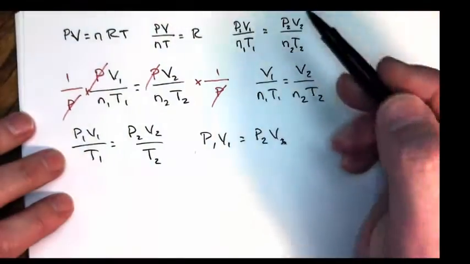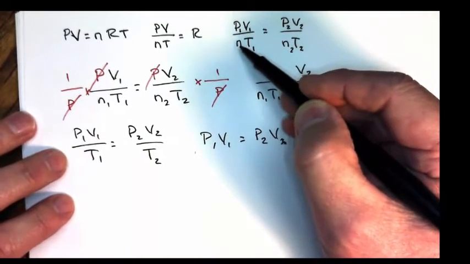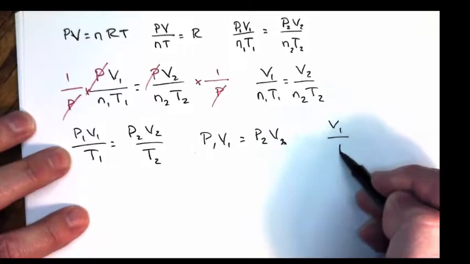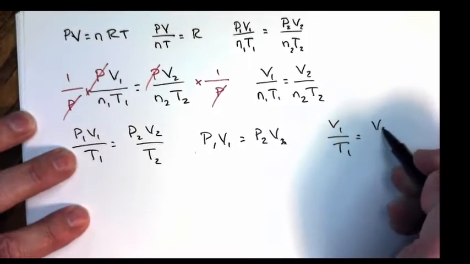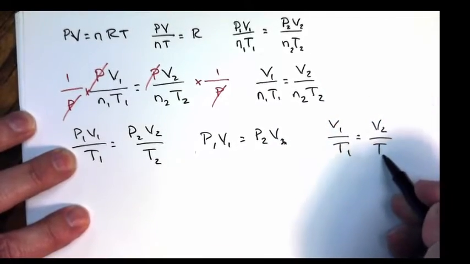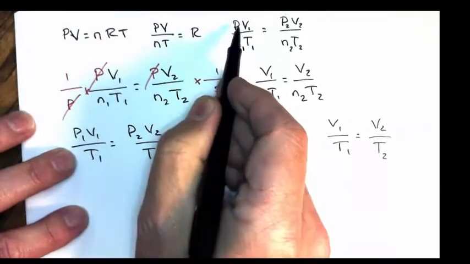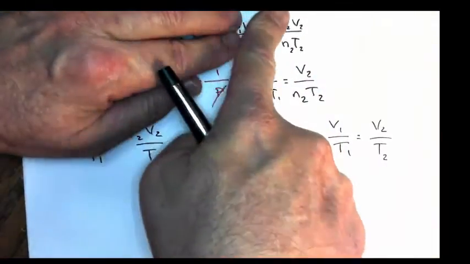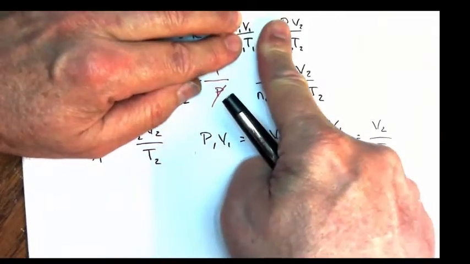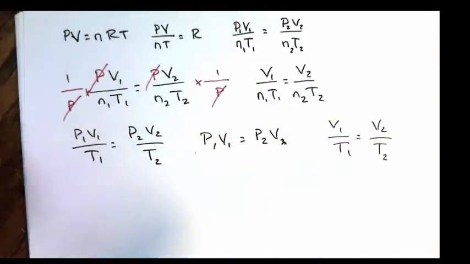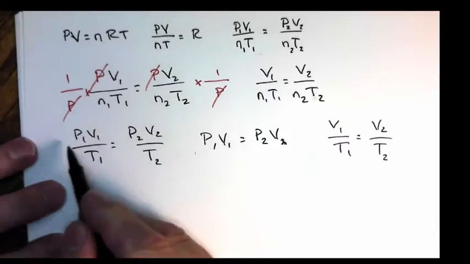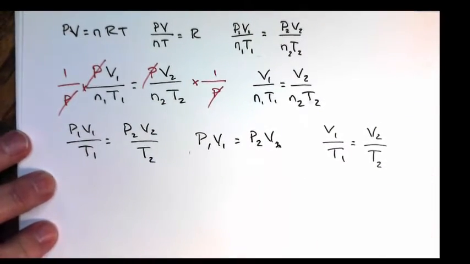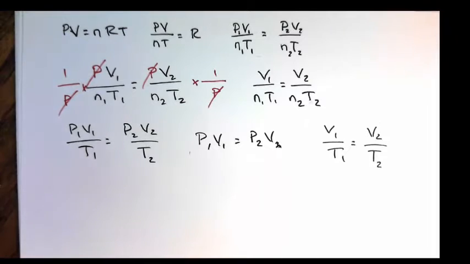All right, let's say that the pressure and the number of moles don't change. Well, then you've got Charles' law. Because pressure and moles didn't change, we're just left with V1 over T1 equals V2 over T2. That's Charles' law. So these three equations and the ideal gas law in almost any high school chemistry class, you're just going to have to be able to name them.